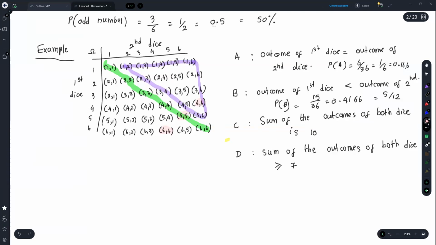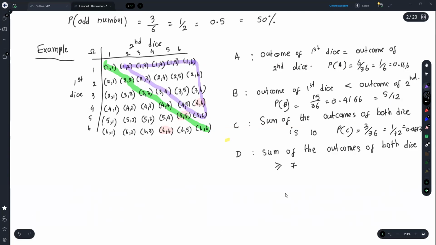So that is 3 out of 36, so you have 1 over 12. And I think Dinishika has the answers in decimals. That's 0.0833. Great.